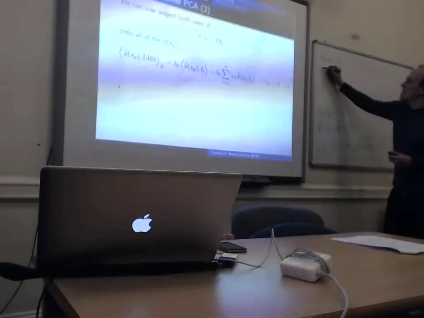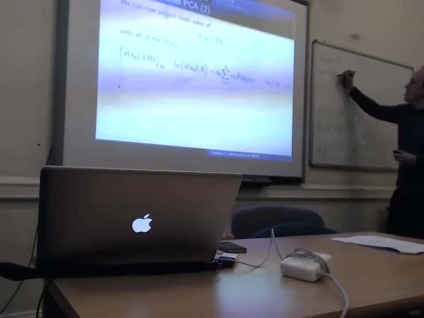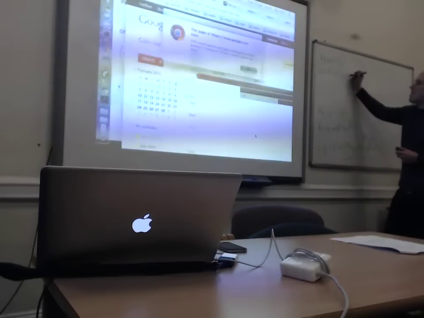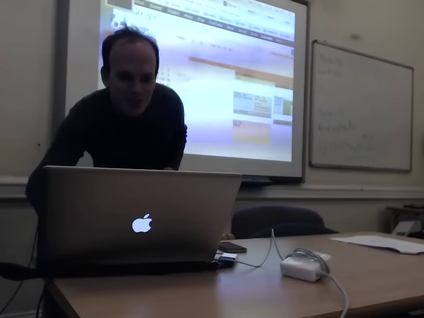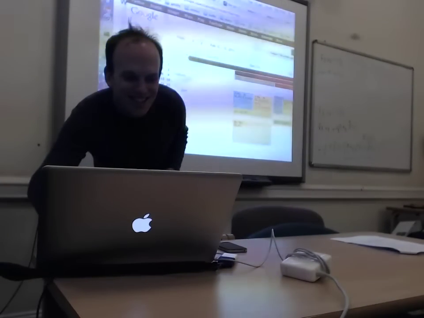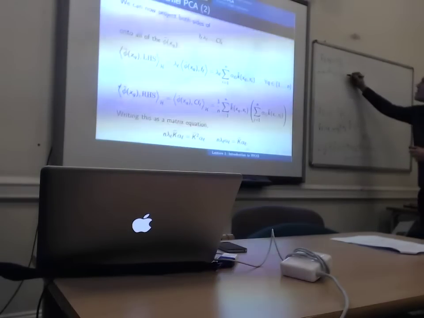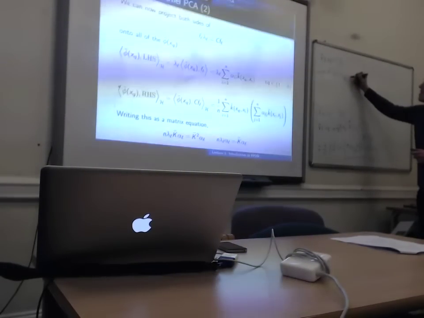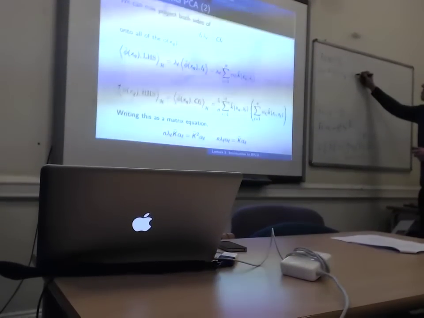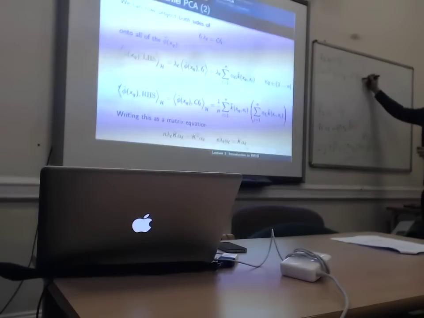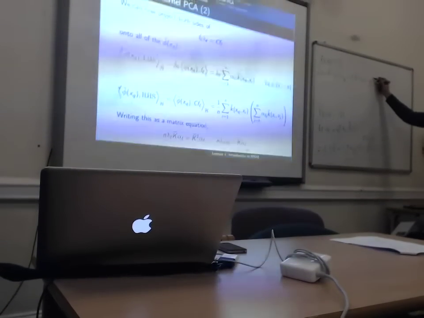So that means the inner product of FL with the feature map of xq, times lambda L, is equal to the inner product of the feature map of xq with CFL.